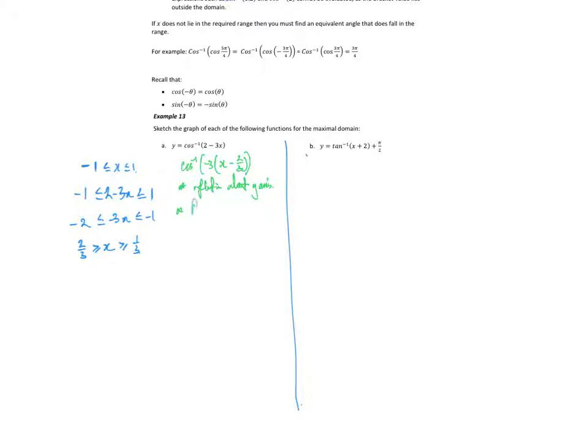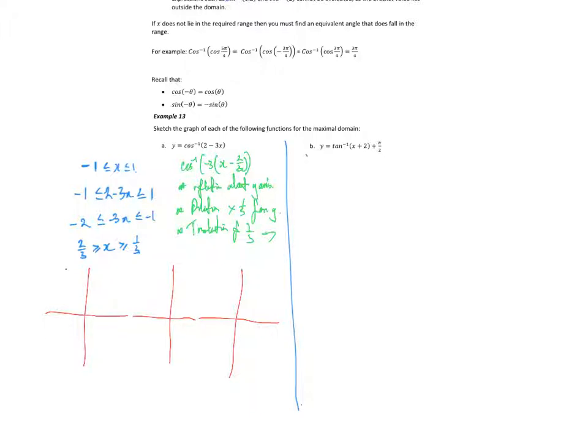We have a dilation by 1/3 from the y-axis. And then we also have a translation of 2/3 to the right. So let's do 3 separate little graphs here just to practice our transformations.